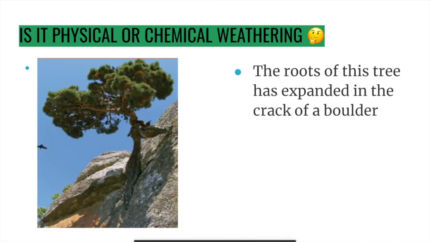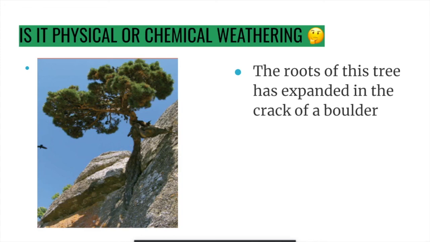Next example. So now we have an example of a tree that is growing in between the rocks. The roots of the tree have begun to grow in rocks, and it is expanding in the cracks and making the cracks much wider, so the tree has enough space to grow.